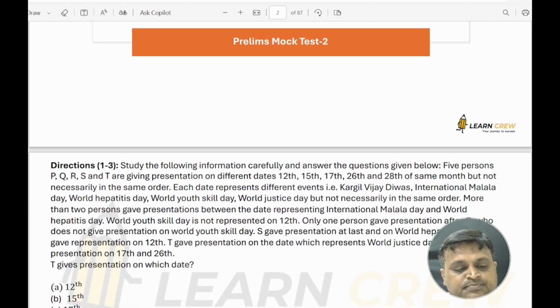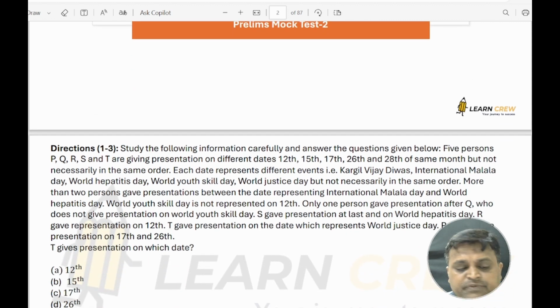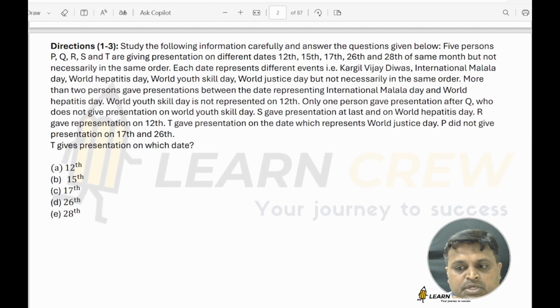Now, questions number 1 to 3 are based on a puzzle. See here what is given. 5 persons P, Q, R, S and T are giving presentations on different dates 12th, 15th, 17th, 26th and 28th of the same month, but not necessarily in the same order.